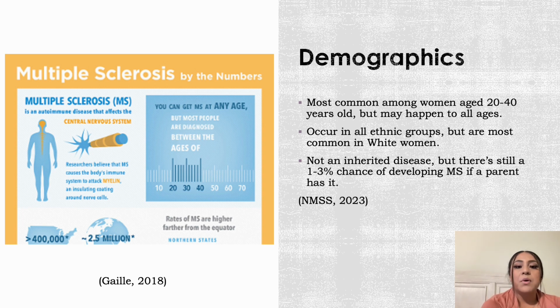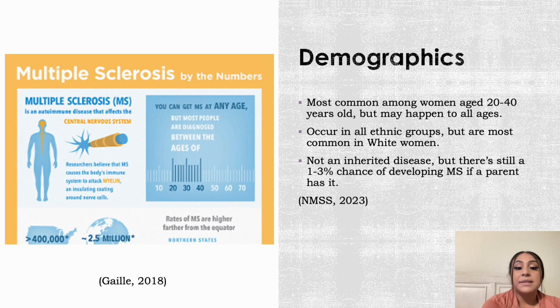Demographics. The people that are most commonly affected by MS are women from the age of 20 to 40 years old. It can happen to anybody, all ages, from kids to older adults, but the most common are from 20 to 40. And the ethnic group that it occurs to the most is white women.